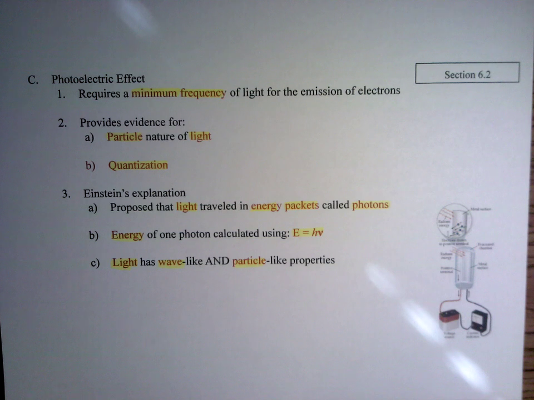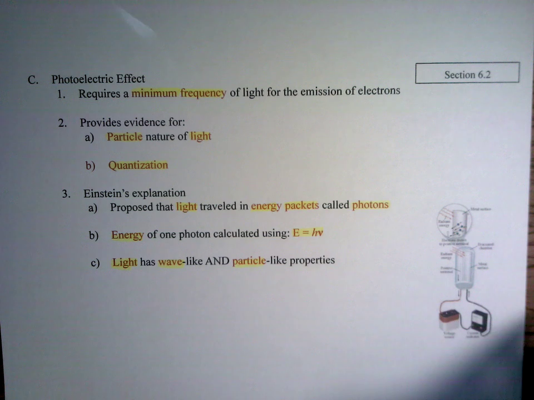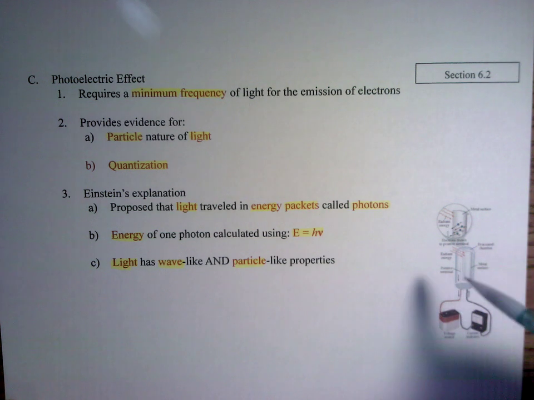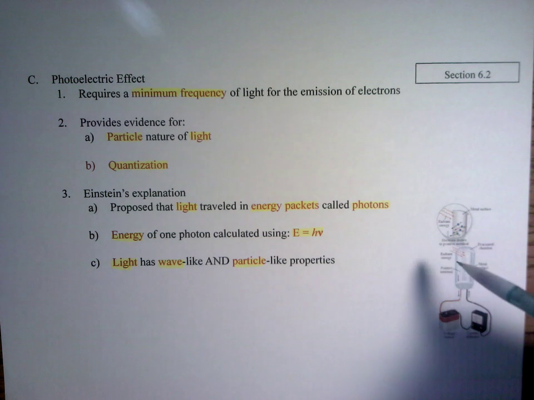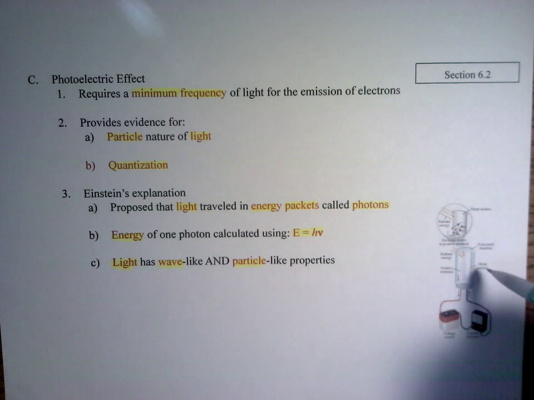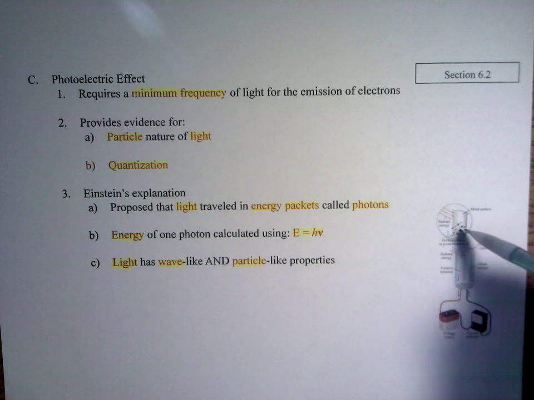So again, with this, what he did was this. They knew that light behaved as a wave, and they could use that to help explain some things about the atom. And then what they did was they shined a specific frequency of light, and it hit a metal surface and ejected these electrons.